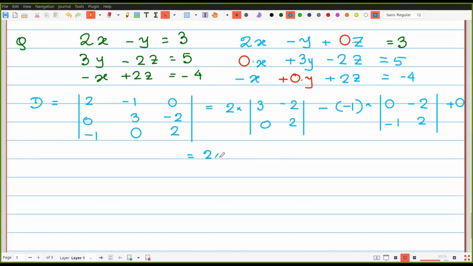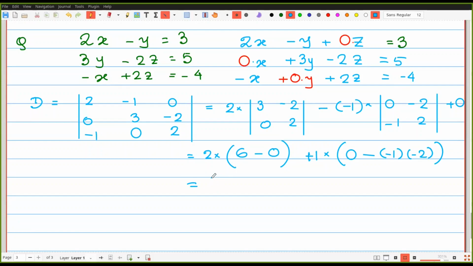So that is 2 into 2, 3 into 2, that means 6, minus 0 into minus 2, that means 0, minus of minus 1, that means plus 1, into 0 into 2, that means 0, minus of minus 1 into minus 2.